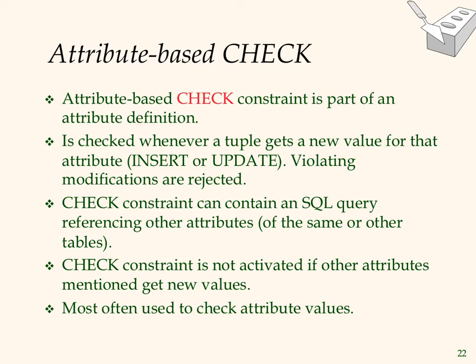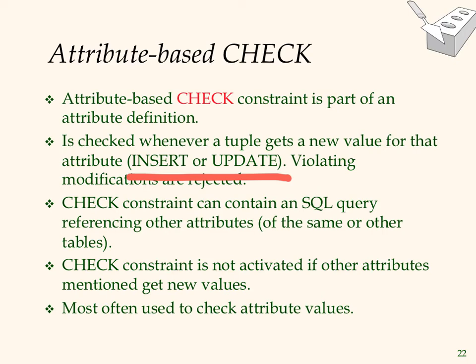So an attribute-based check is checked whenever a tuple gets a new value, so basically whenever an insert or update happens. And if you violate the check constraint, the update is rejected. And in principle, meaning as far as the official SQL standard is concerned, a check constraint can contain an SQL query that refers to other attributes.